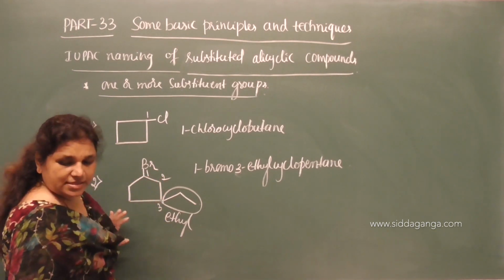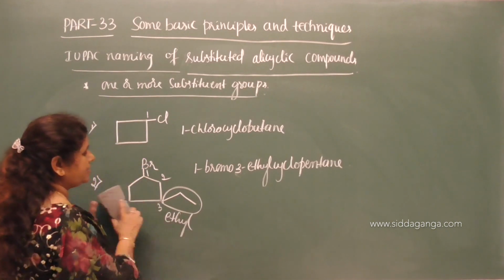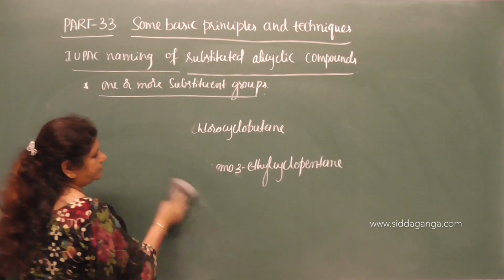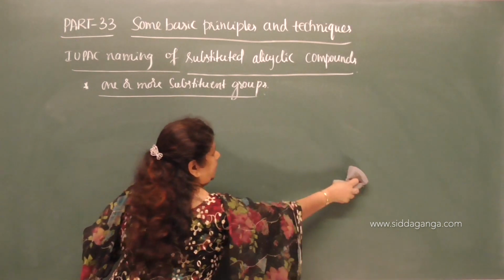And let's move on to the second rule. In the second rule, note this down. The side chain always refers to an alkyl group.